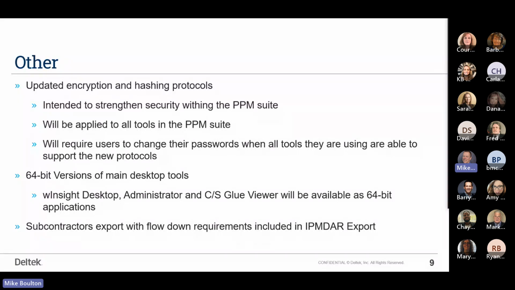Normally the subcontractor on that table would be the default contractor, in other words, the contractor in the contract header. But for any different contractors to the default, it would now export them in the IPM DAR export.